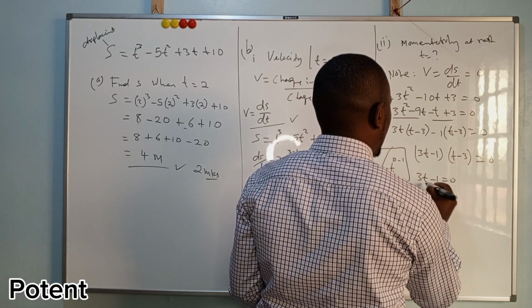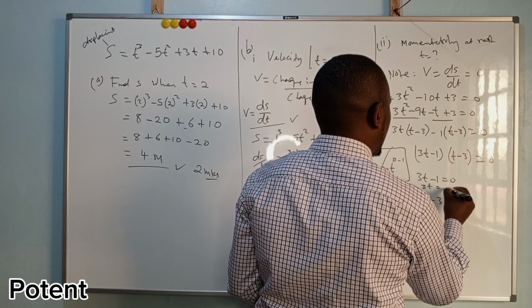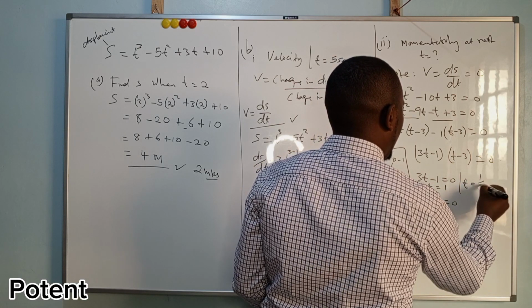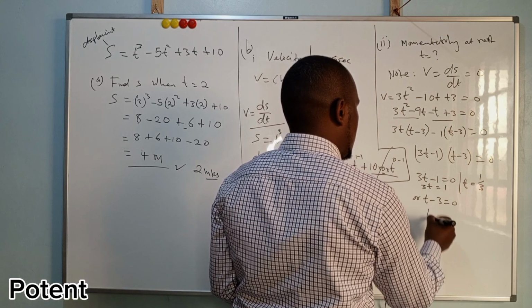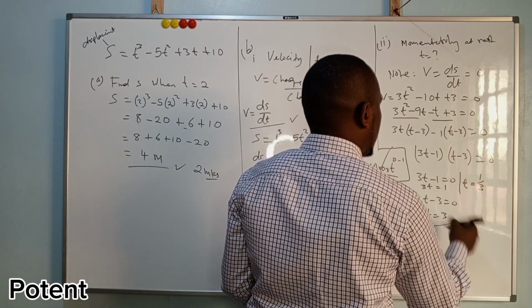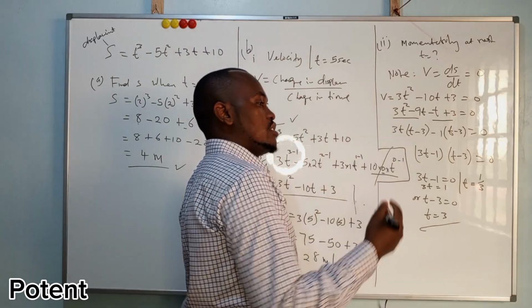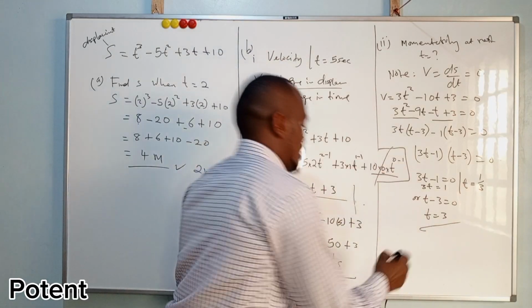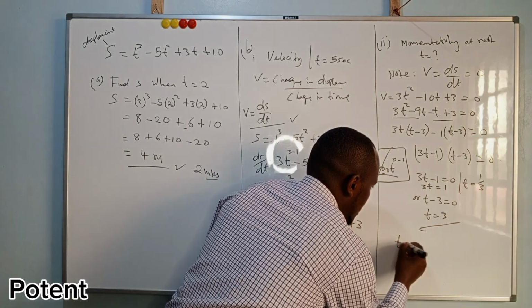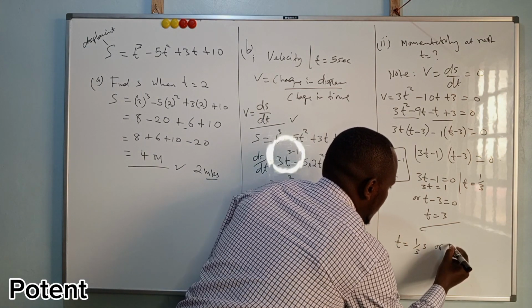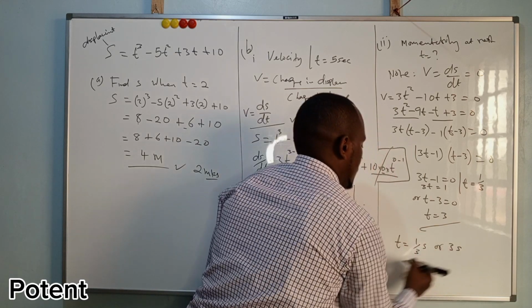In this case, 3t equals 1, so t is equal to 1 over 3. And in this case, t is equal to 3. 3 what? 3 seconds. So the time when the particle is momentarily at rest is either when t is equal to 1 over 3 seconds or 3 seconds.